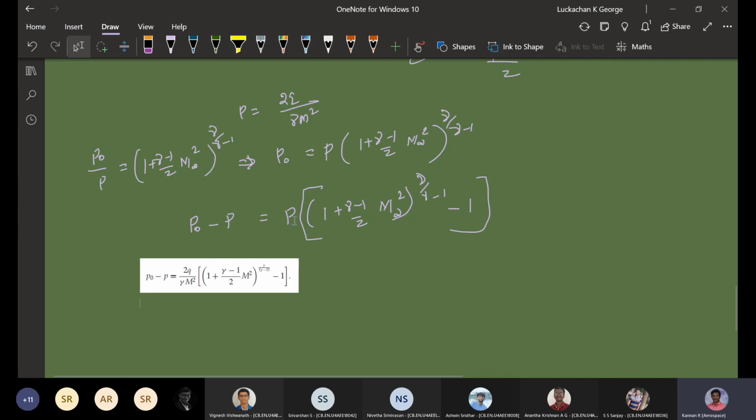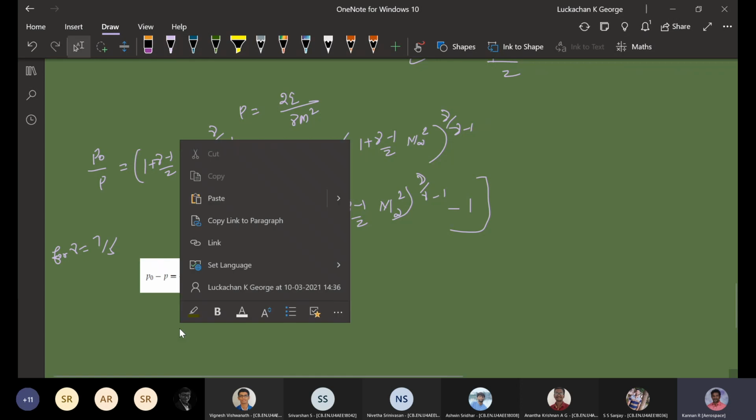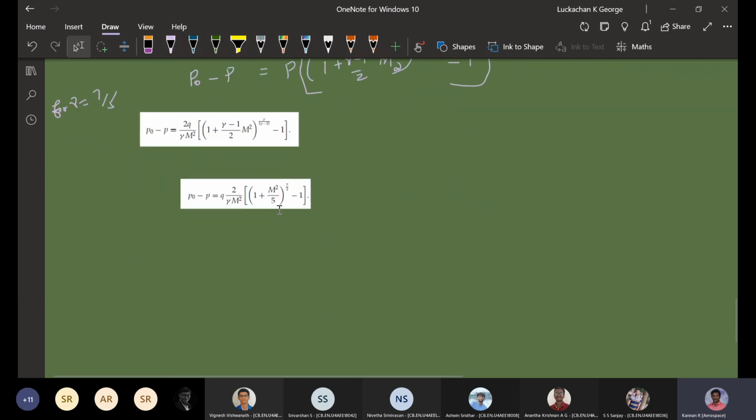So P naught minus P is equal to P, we can write it as 2Q by gamma M square. We can keep it as such. Then further, for air, we can take gamma is equal to 7 by 5. If you substitute that, we can get P naught minus P is equal to 7 by 2.